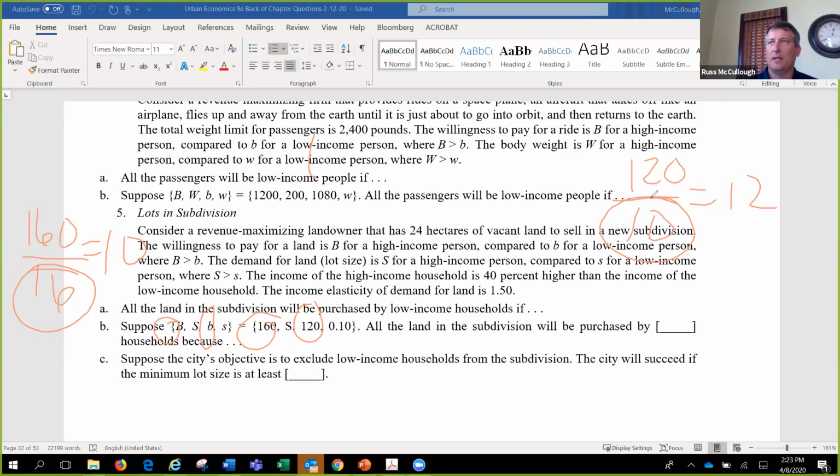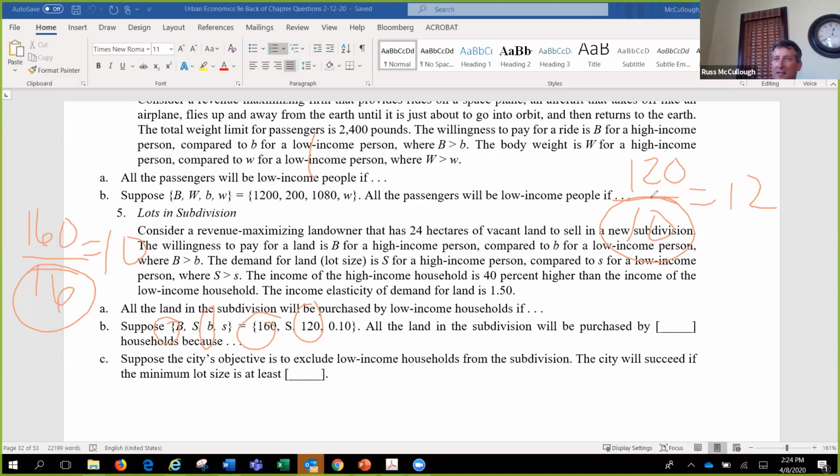Big H and little h. All right, the size and the land. Okay, where did you get that from? So hopefully you guys have little pencil sketches here. H stands for hectare.